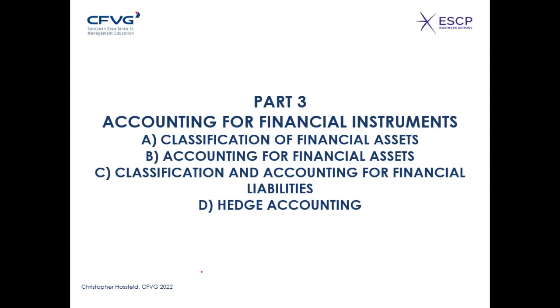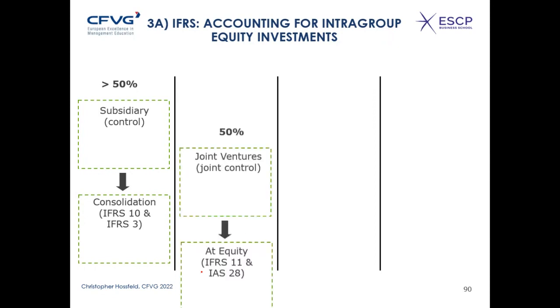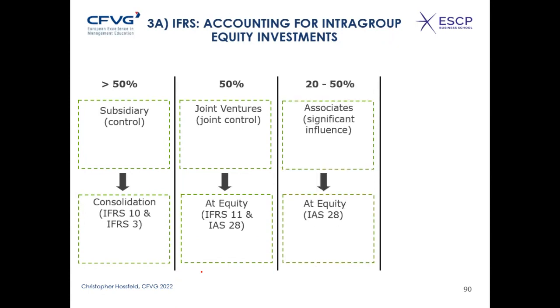Then we continue and look at financial instruments. So what we've seen so far is how do I deal with an investment of more than 50%? Well, it's a subsidiary and we consolidate. Maybe it's a joint venture and I may use the equity method. Maybe it's an associated company and we use the equity method if I'm between 20 and 50%.